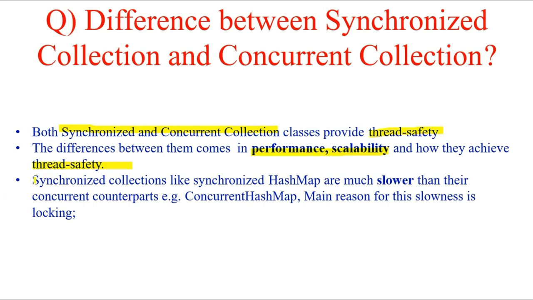So synchronized collections, for example Hashtable, are much slower as compared to their counterparts, that is ConcurrentHashMap. And why is that? So I'll show you.